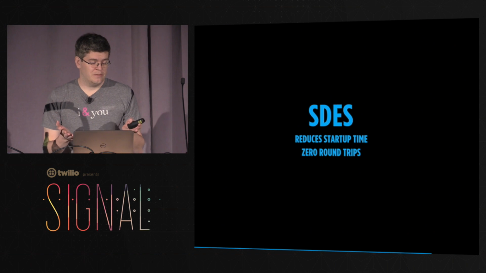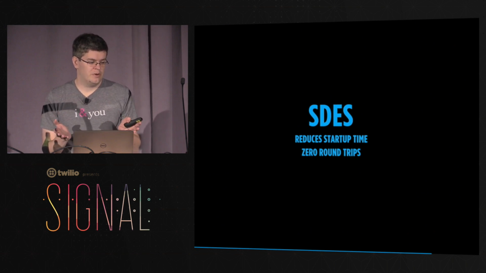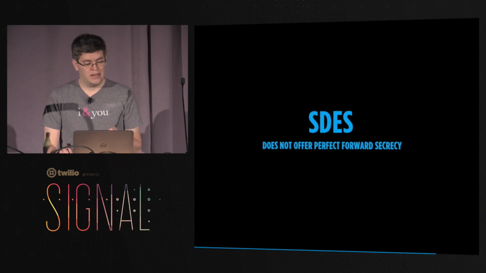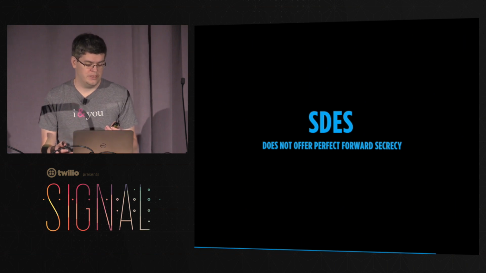And the reason they probably do that is that it reduces the startup time. So no round trips required for this. However, unlike DTLS, security descriptions don't provide perfect forward secrecy. So perfect forward secrecy means you can't decrypt the call after it happened if you obtain the keys.